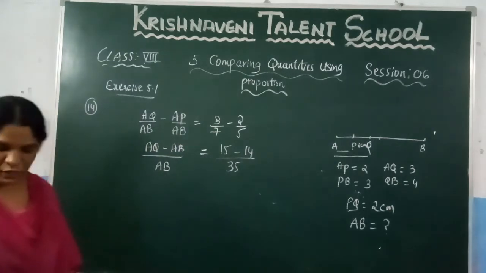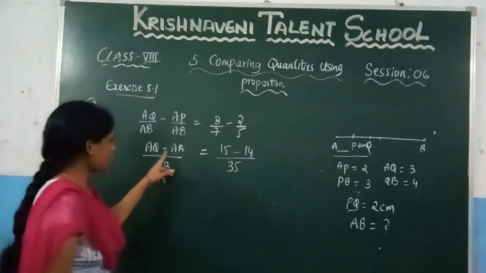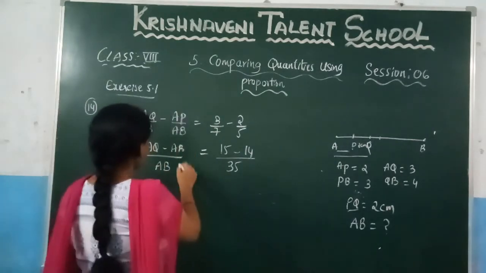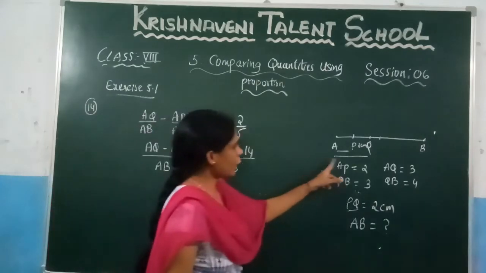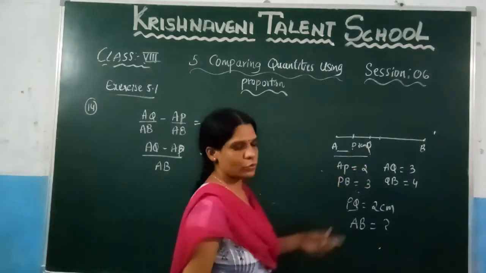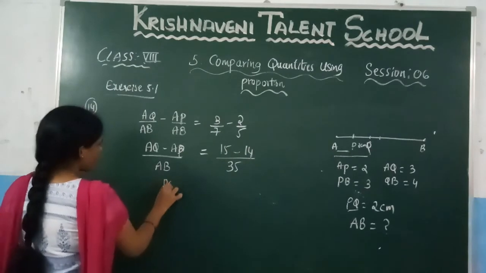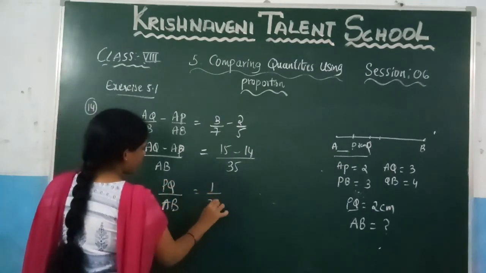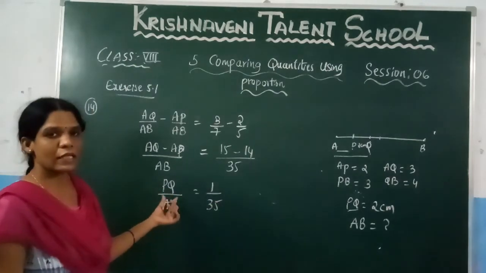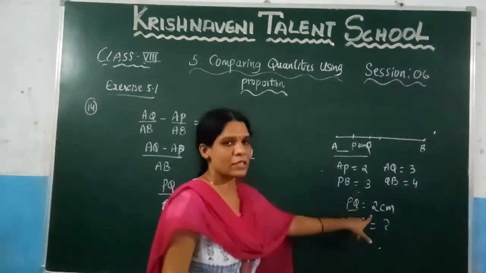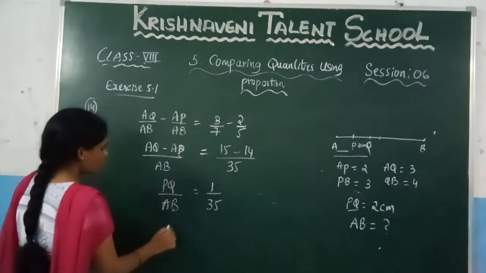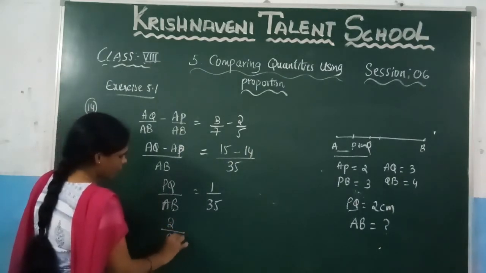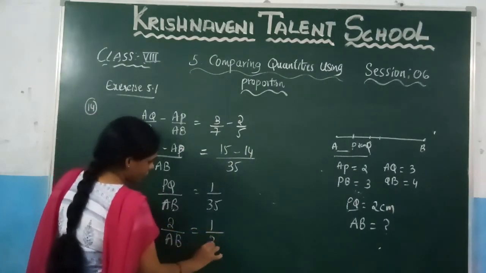Now let us see after that. Just now we have seen what AQ minus AP is. AQ minus AP is nothing but PQ. So write it here PQ. So we got PQ by AB is equal to 1 by 35. Since we know the length of PQ, which is 2 centimeters, write it here 2. So you will get 2 by AB is equal to 1 by 35.